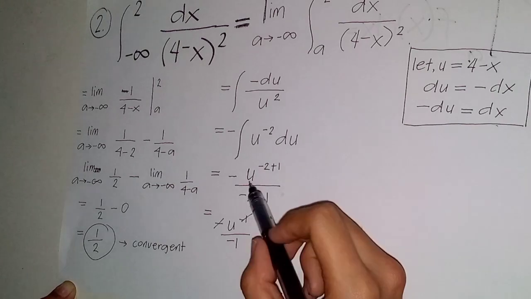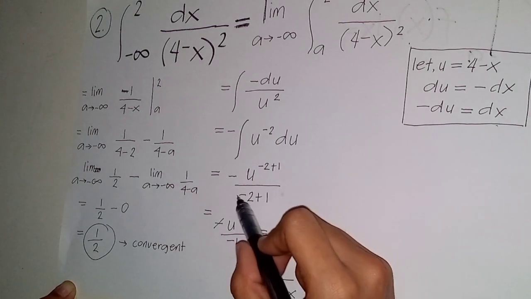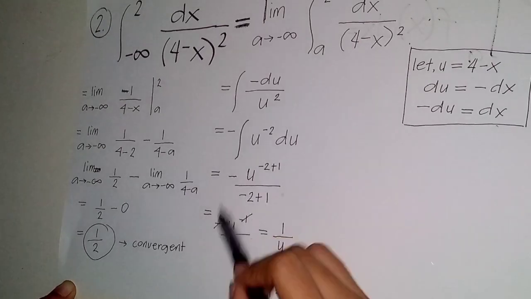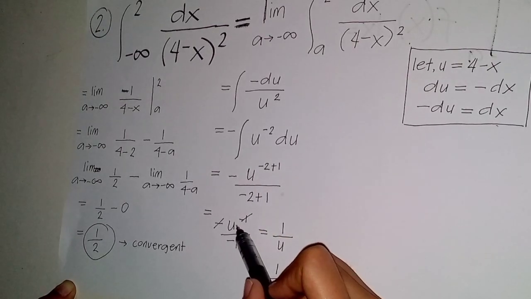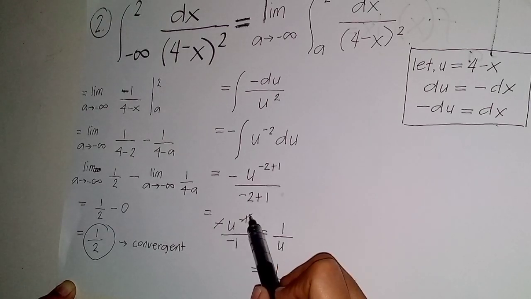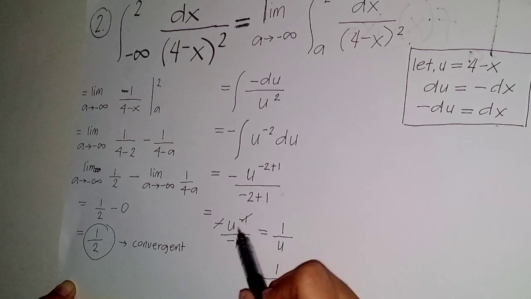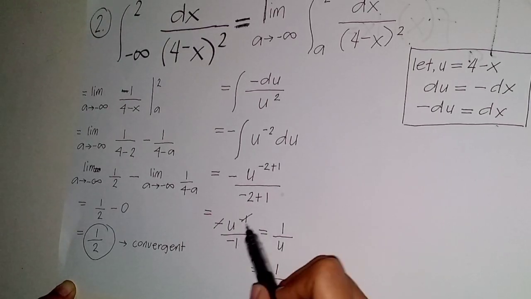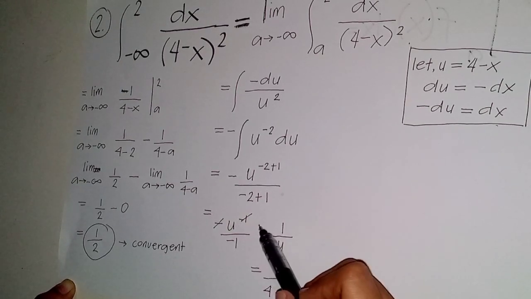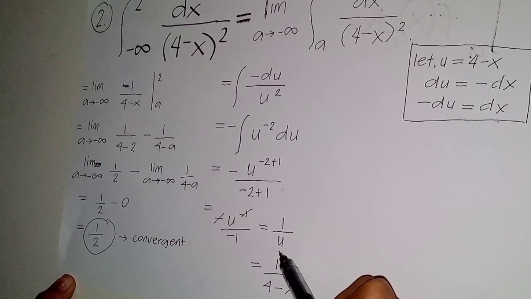Same as with the denominator, let us copy this exponent. So negative 2 plus 1. When we simplify it, it gives us negative u raised to the power of negative 1 over negative 1. So let us cancel the negative sign so that it gives us u to the negative 1 over negative 1. This expression can be reversed, so it gives us 1 over u.